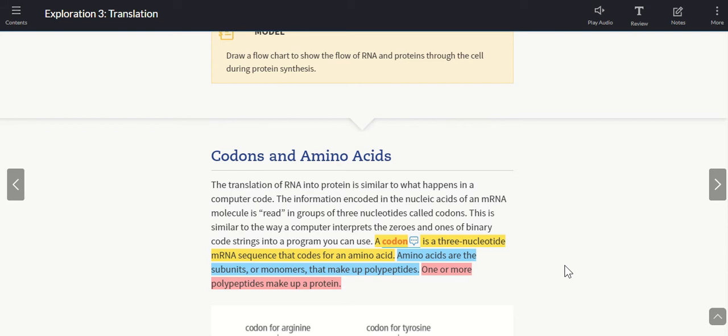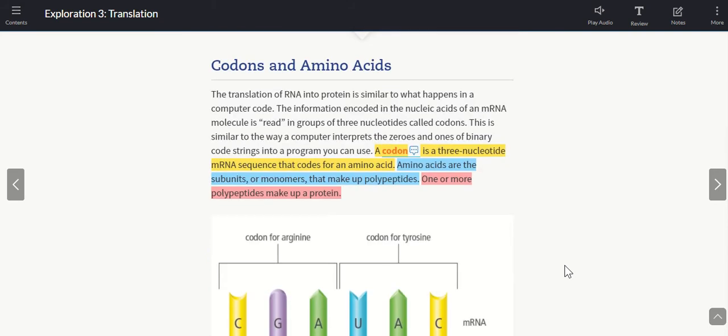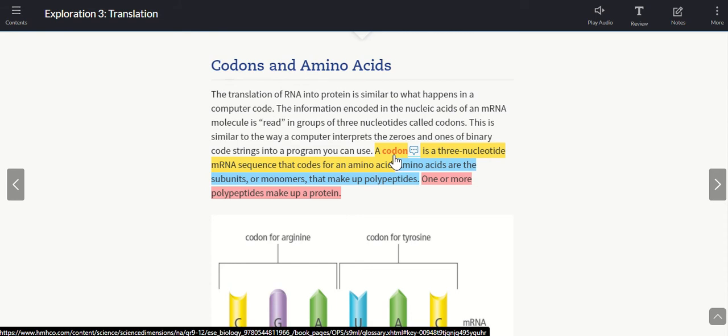Let's talk about amino acids. Now, we said that there are 20 different amino acids and that combinations of those amino acids are what produce our proteins. But those amino acids all have a specific code. Now, the code for an amino acid is actually called a codon. Works out pretty well.